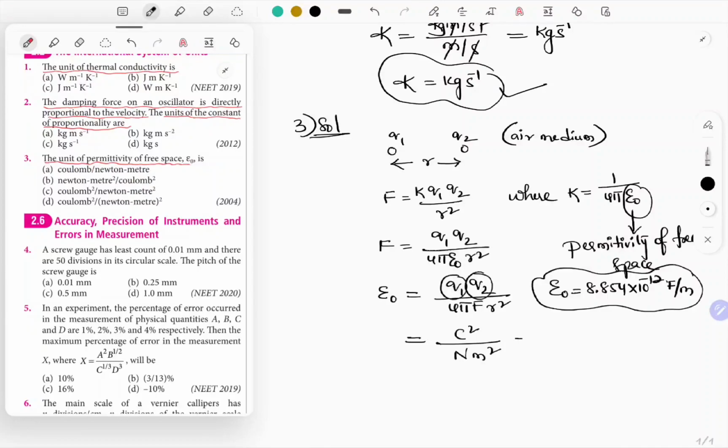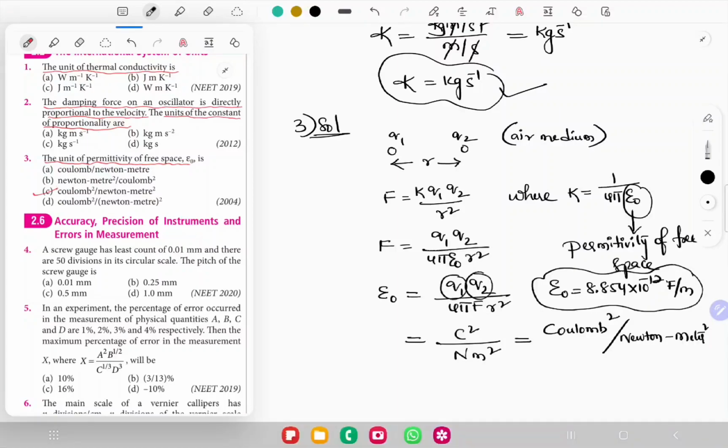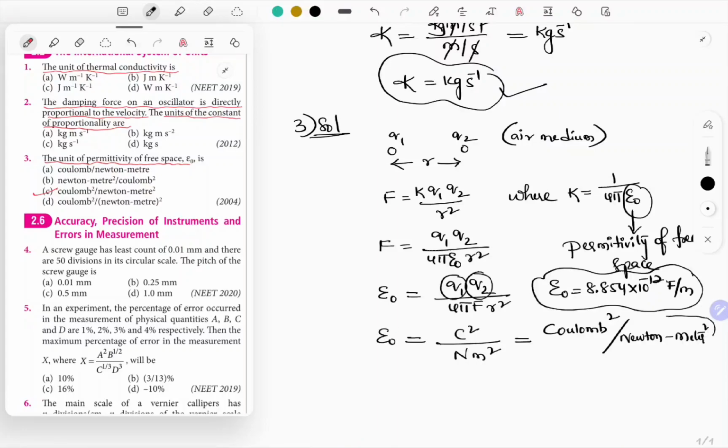They wrote it like this: coulomb square per Newton meter square. Look at the option which is matching this. I think it's option 3. Okay, so that is how we have to answer. So the unit of epsilon naught is coulomb square per Newton meter square.